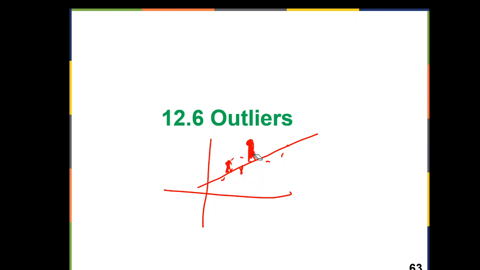Do we have any points that are too far away from the line? The answer is, well, there might be. So the rule that we're going to use is this. First of all, we know error means the difference between the observed value and the predicted value. So that's error. If the error E for any point is bigger than 2 standard deviations of the errors.